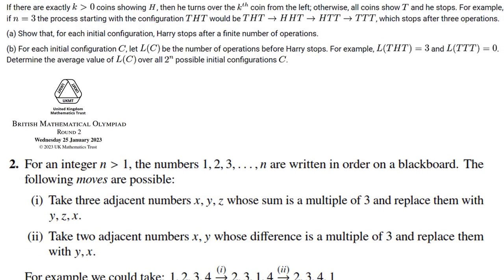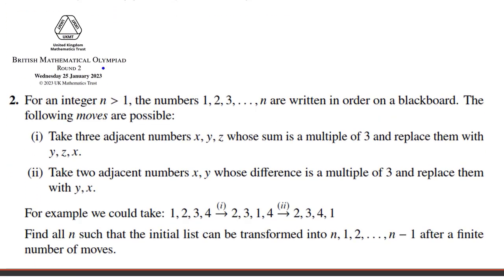Also for BMO round 2, British Mathematical Olympiad. Look, BMO and USAMO are for UK and USA. These two national Olympiads are the most prestigious national Olympiads and very useful for your CV.